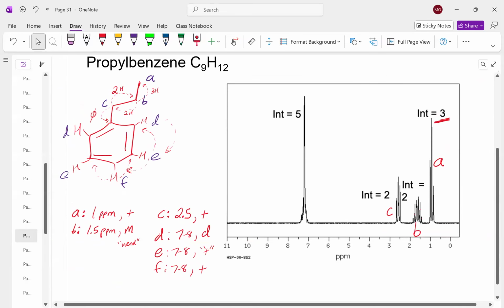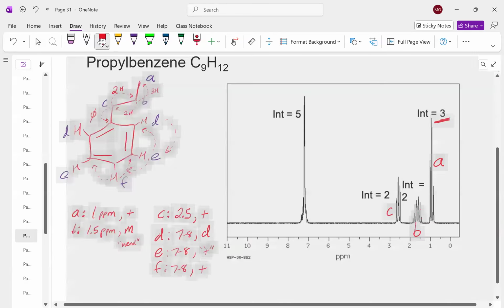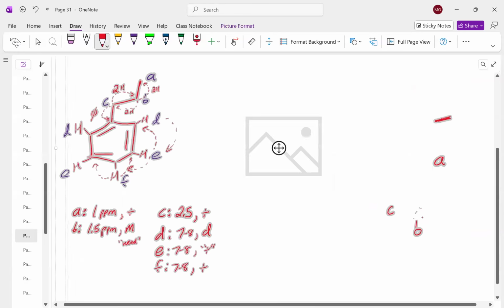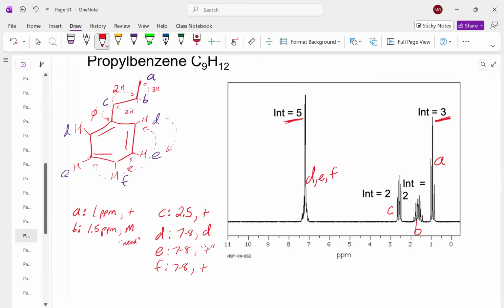Now, if we go to benzene, again, we got something weird going on. It looks like one signal, but it is actually a combination of D, E, and F, which is why the integration says 5. This is the same kind of thing that happened with our previous example, where they are so close in chemical shift.